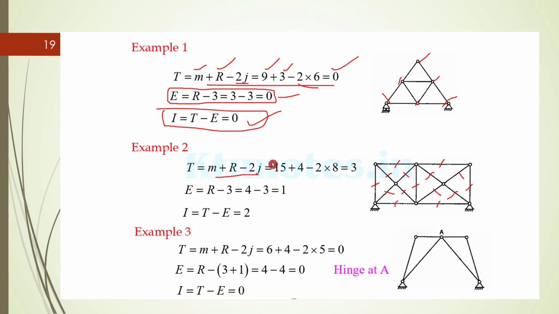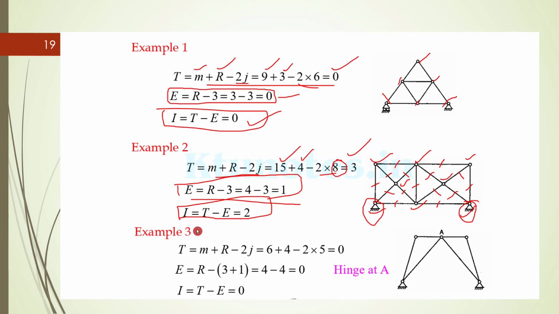So 15 members are there, plus two unknowns here, so 4 minus 2 into 8. So there are 1, 2, 3, 4, 5, 6, 7, 8 joints, which will give you the value of total indeterminacy. So we know SCN is equal to this, and internal is equal to T minus E, which will give you 2.